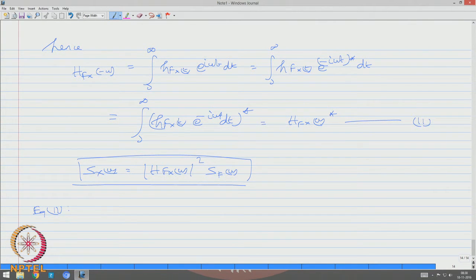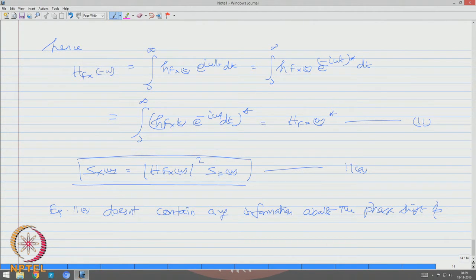Since you are squaring it here, equation 11 does not contain any information about the phase shift between the load and the response process.